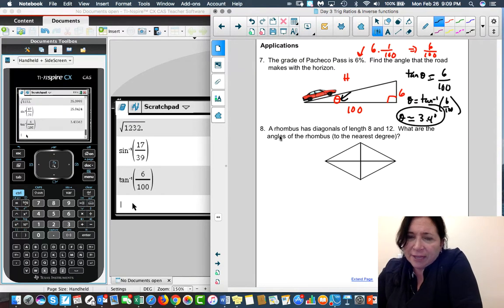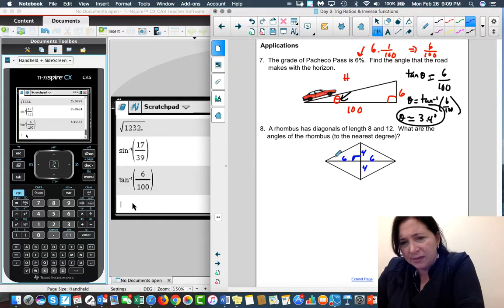And lastly, a rhombus that has diagonals of length 8 and 12. Keep in mind rhombuses. So if that's 8, this is going to be 4 and 4. And if that's 12, that's 6 and 6. You're trying to find the angle of the rhombus. Well, a couple things about a rhombus, and that is that these angles are congruent. Likewise, the other angles opposite that are congruent. So I only need to find one of these angles.